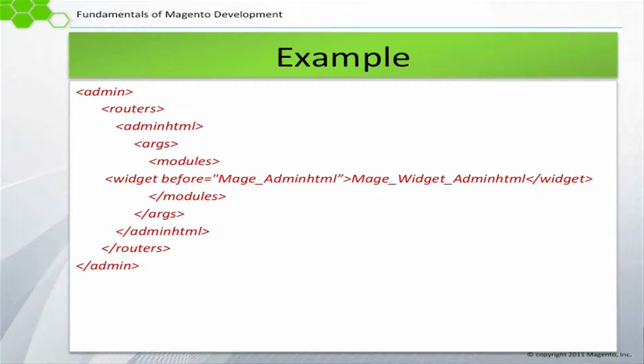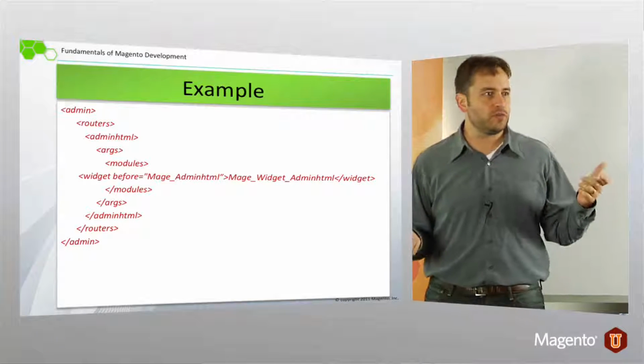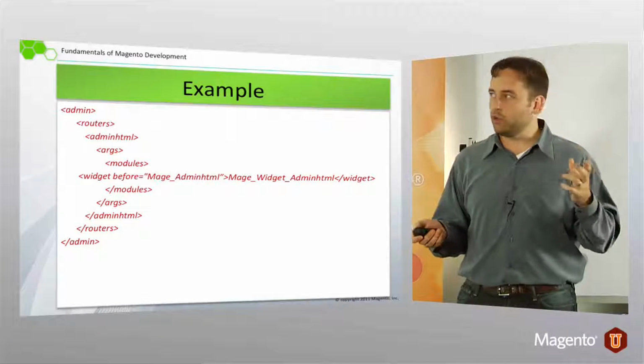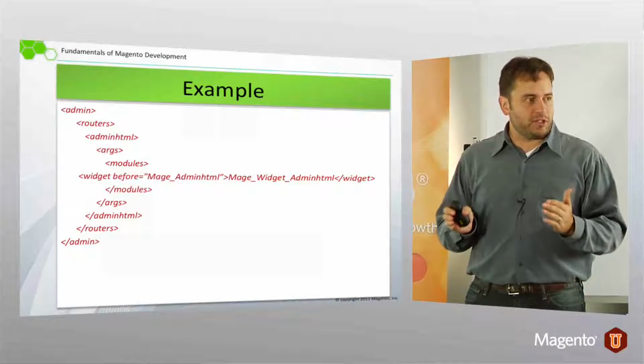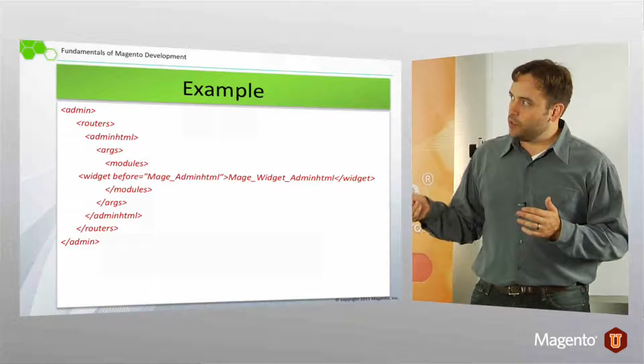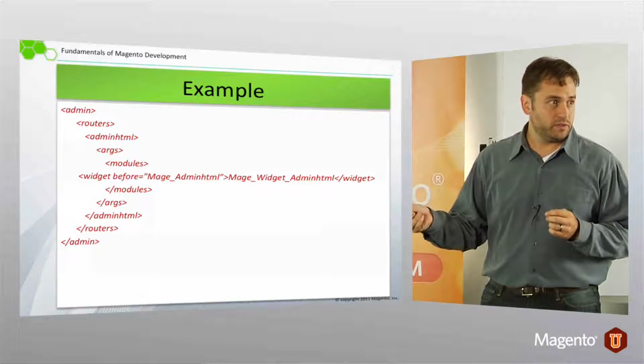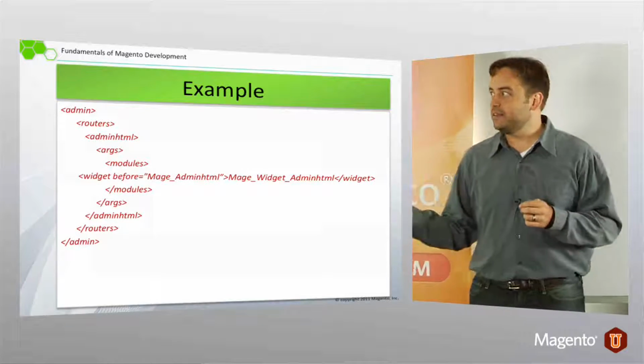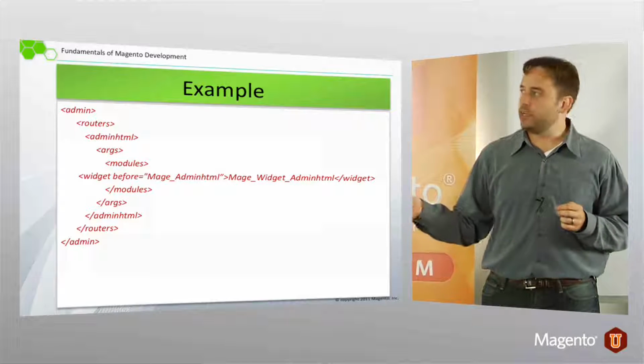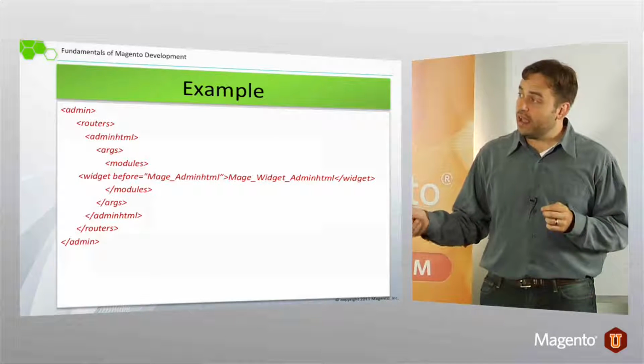I will say you should remember this exactly, because if you need to get your module controller under that admin space, you would use exactly this: admin routers, admin HTML, args, modules, and then simply add your node in here with the appropriate instructions.